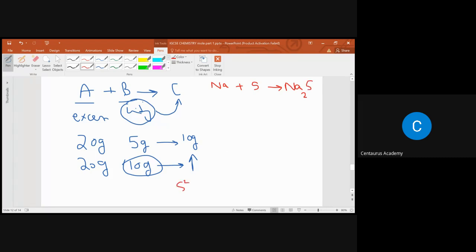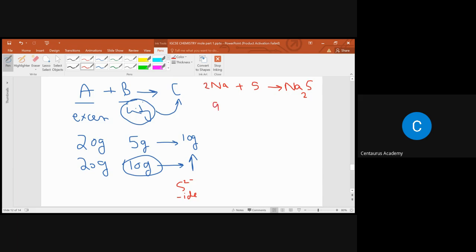Any non-metal ions, whenever they form anions, their name ends in -ide. For instance, sulfide, oxide, chloride, iodide, fluoride. Here, you have to have a balanced chemical equation.